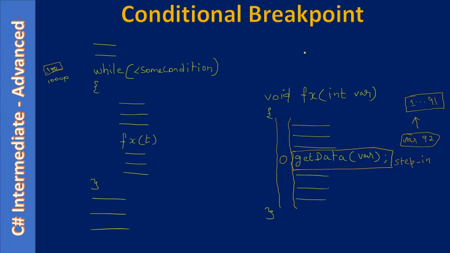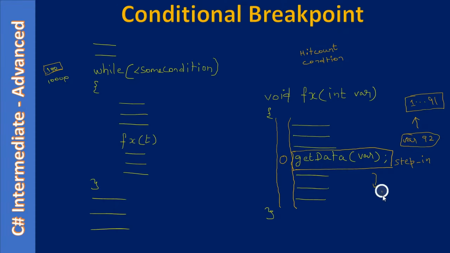But here in this video, we are going to look at hit count based condition, then condition that involves a variable. Say for example, if we want to use a hit count here, we need to set the hit count as 92 if the loop runs from 1 to 100.